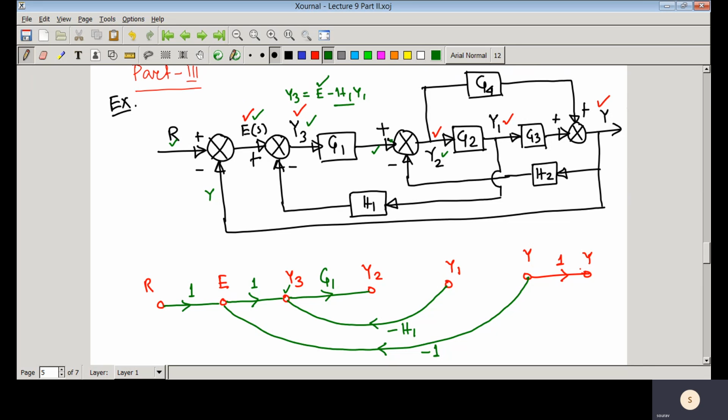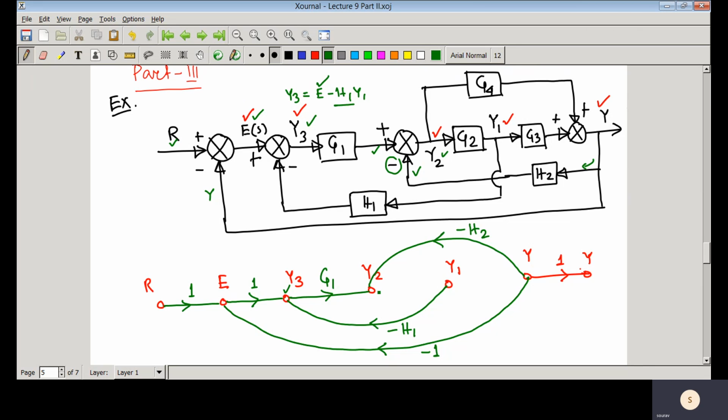Here this is the signal G1 Y3, and then you have another signal, that is H2 Y. As there is negative feedback, you write minus H2, so here you have one branch with minus H2.